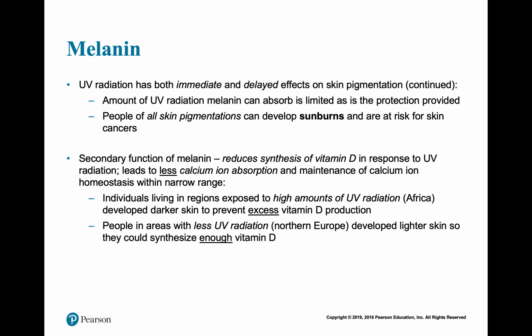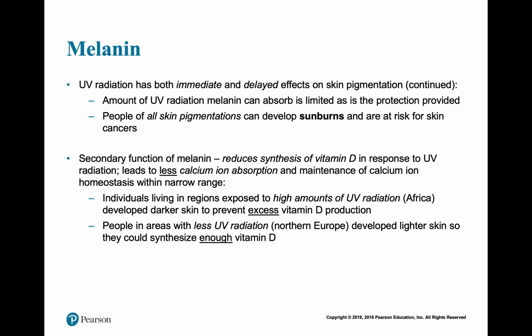There are certain calcium levels that we have to maintain, but too much vitamin D. So if we have too much UV radiation, we'll have too much vitamin D being activated through that process that I discussed in previous videos.